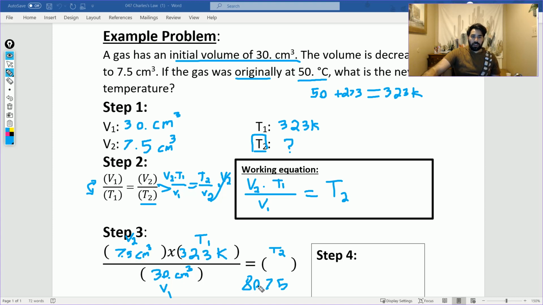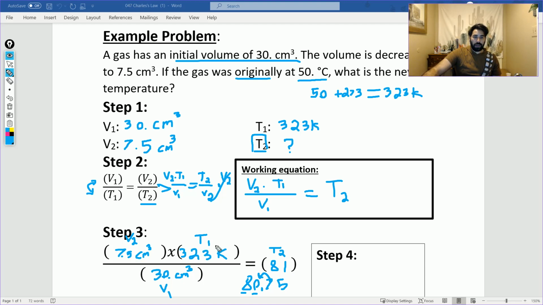Number 1, that's 4 significant figures, and I want the same number as my lowest number of significant figures. Here I have 3, here I have 2, and here I have 2 significant figures. So my answer is going to have 2 sig figs. That's 1, 2. The 7 is not significant, but it follows the last digit, and the last significant figure is a 0. The 7 rounds up the 0 to a 1. So your answer is 81.